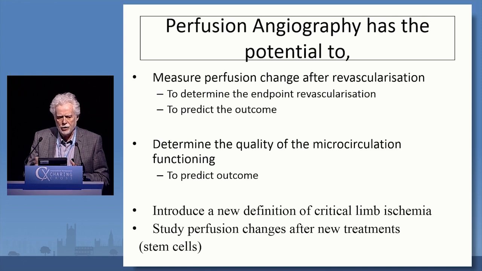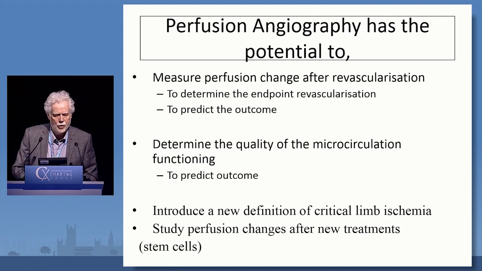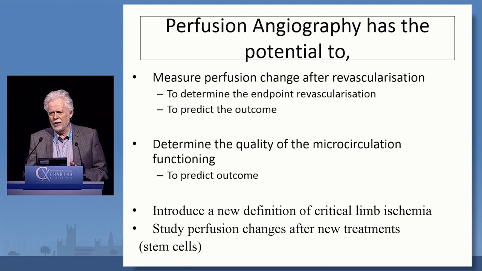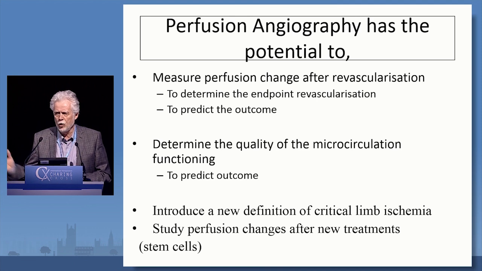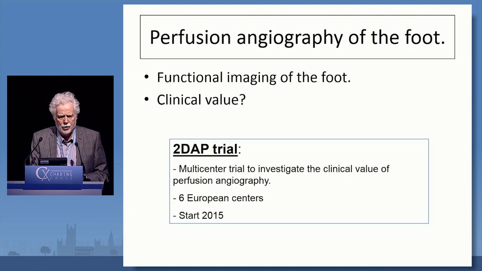And of course, it can do a lot of other things when we're thinking about what we can do with stem cells and so on. But nevertheless, this has a really big potential to be a very important parameter, much more important than all the other old parameters like toe pressures and so on, which really didn't help us very much to predict outcome.